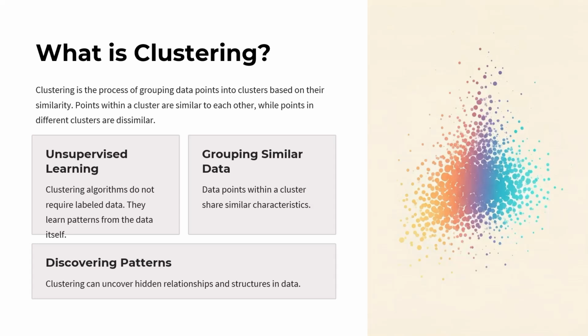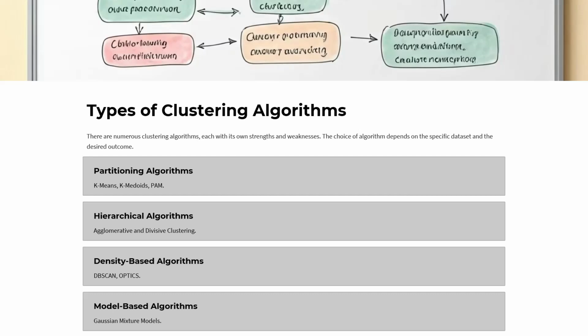Hence, it's classified as unsupervised learning. By analyzing the inherent features or structures in the data, clustering enables us to discover natural groupings that might not be immediately apparent.